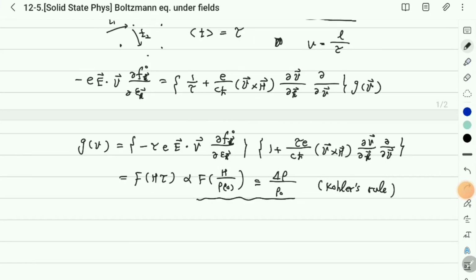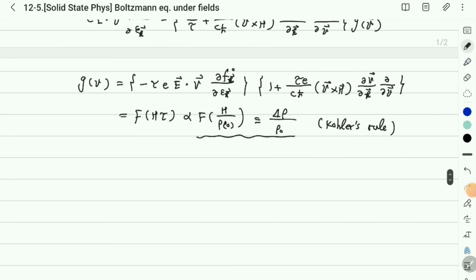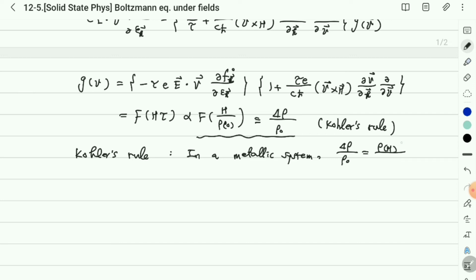Basically, in Kohler's rule in a metallic system, the magnetoresistance is only a functional form, and Kohler's rule applies in a metallic system. The magnetoresistance can be defined by the resistivity with applied magnetic field and the zero-field resistivity, times 100%.